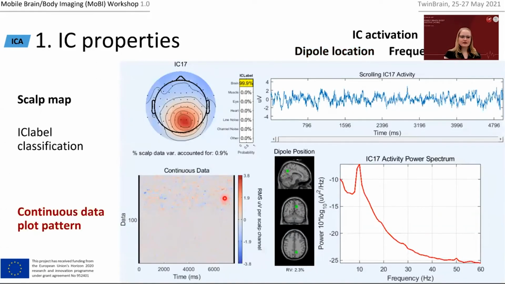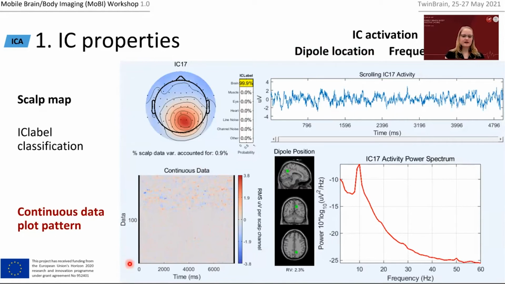Then we do have on the left bottom corner the continuous data, and this is maybe not that easy to grasp. This is a plot of the whole data set, so it's the time series of the data set, but it is plotted in like 3 dimensions.